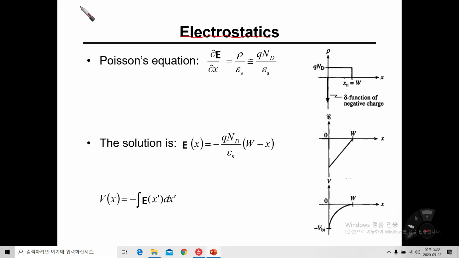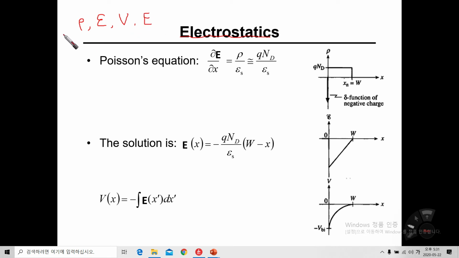In device physics, when it comes to electrostatics, you should come up with these four variables in your mind: rho, charge density, then electric field, then potential or voltage difference, and energy of electron.